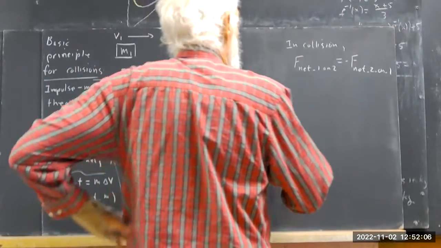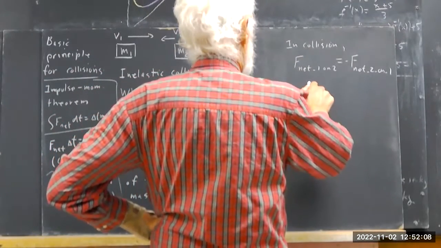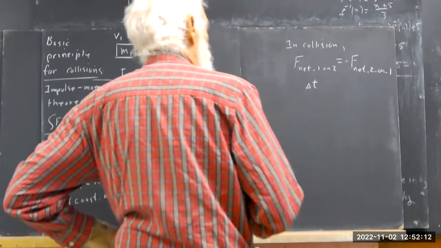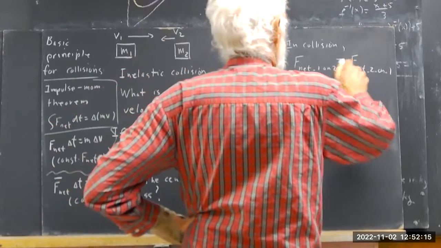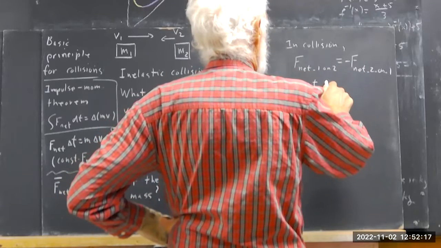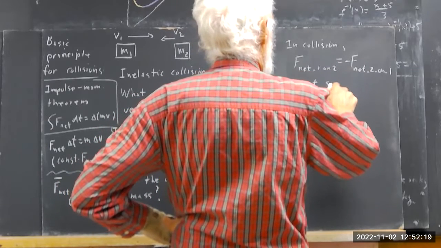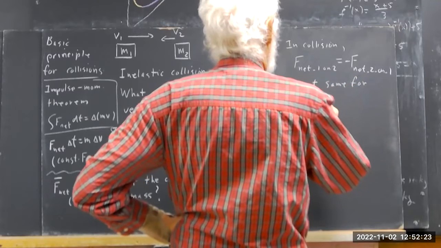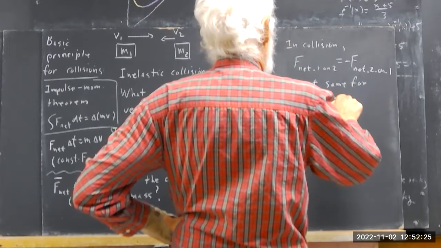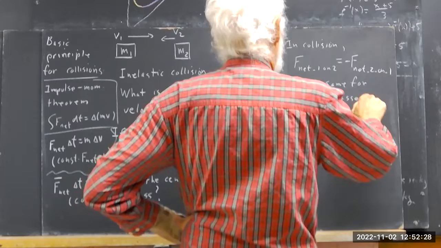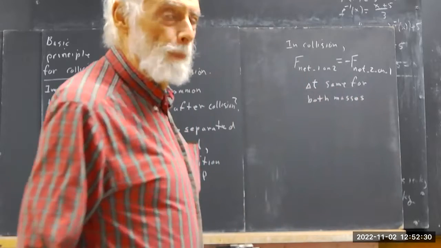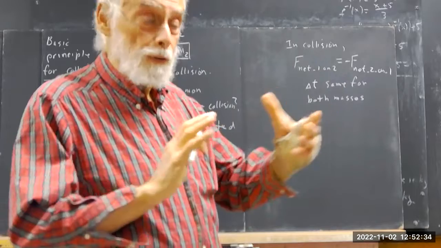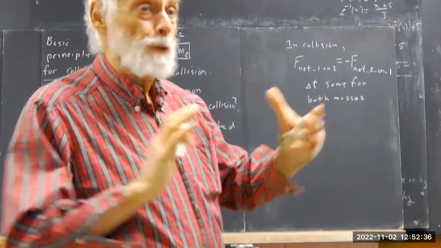So that M, the delta T is the same for both masses. Now, implicitly, that's the delta T that occurred during the collision. All these four objects' masses are interacting.